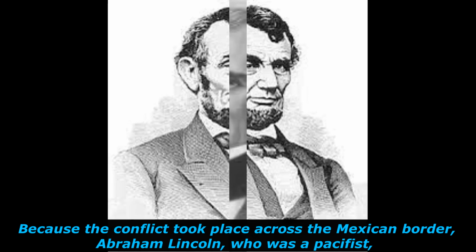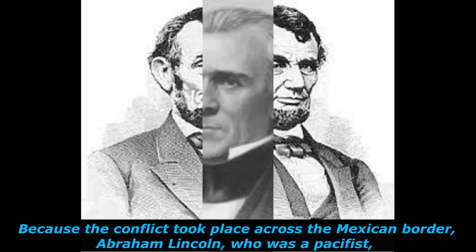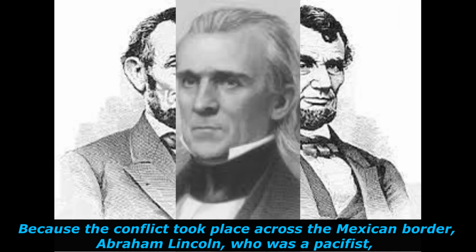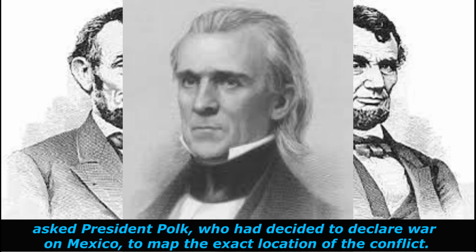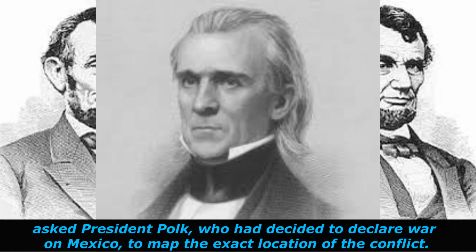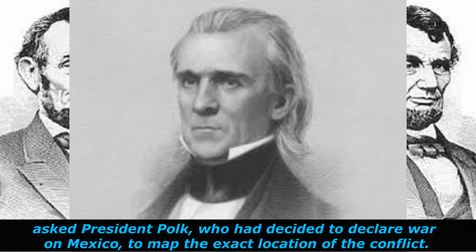Because the conflict took place across the Mexican border, Abraham Lincoln, who was a pacifist, asked President Polk, who had decided to declare war on Mexico, to map the exact location of the conflict.